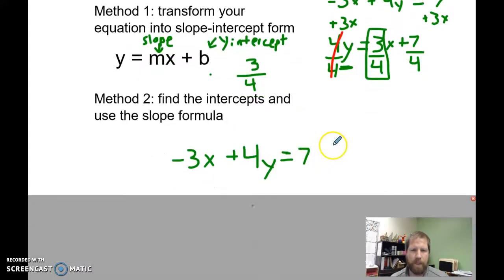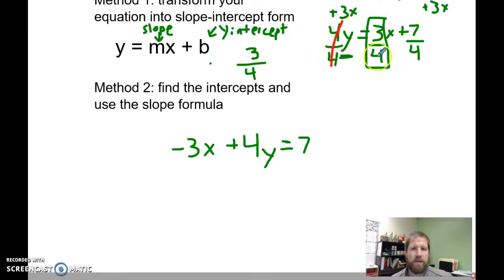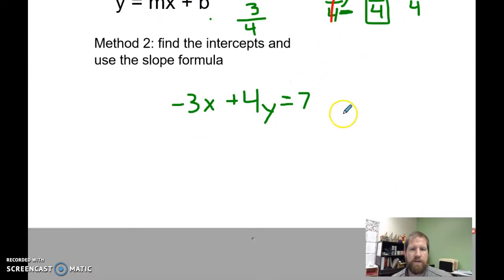The other way to do it is to find the intercepts, and this is basically using the slope formula. You're just going to figure out what your values are. I think this can get messier than trying to do it by changing it into slope-intercept form. Finding the intercepts is basically setting each of your variables to 0. If I want to find my y-intercept, I'm going to set x to 0.